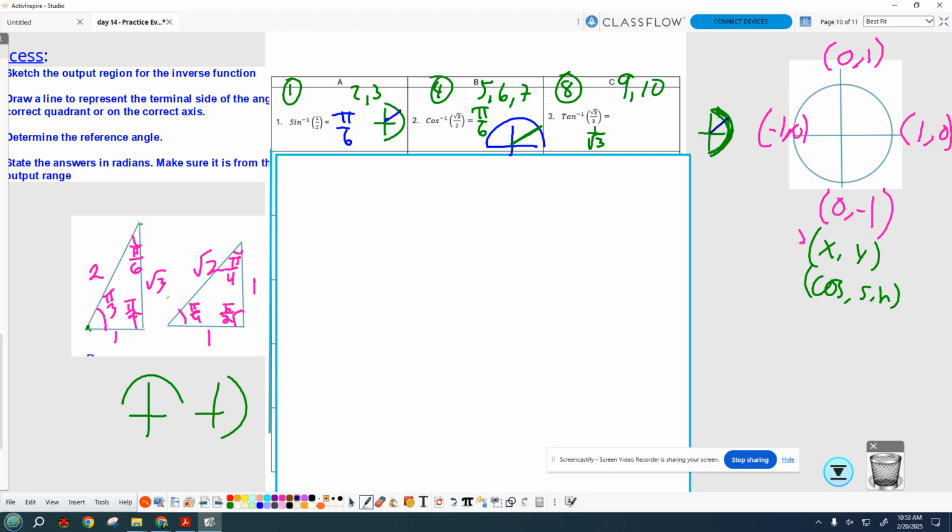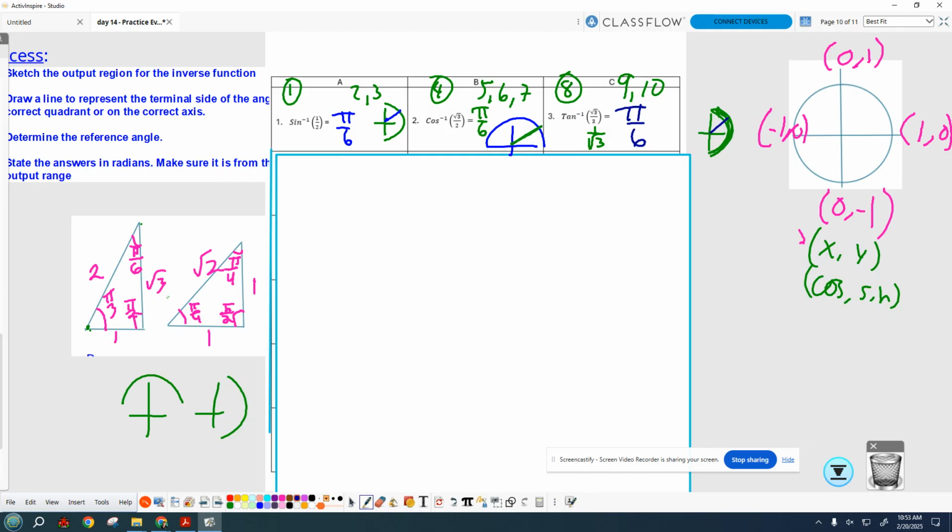It's gonna be positive. Tangent, where is opposite 1? Pi over 6. So, half of you got half of these wrong. So, do you see the process?